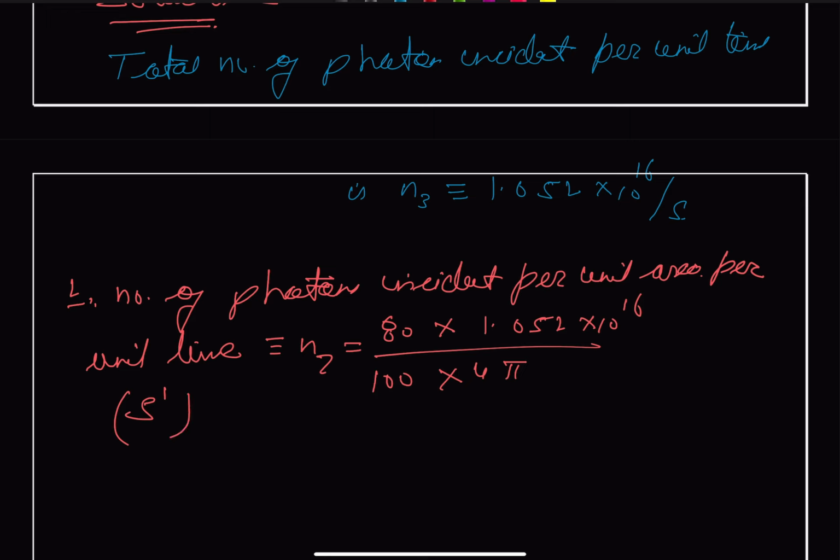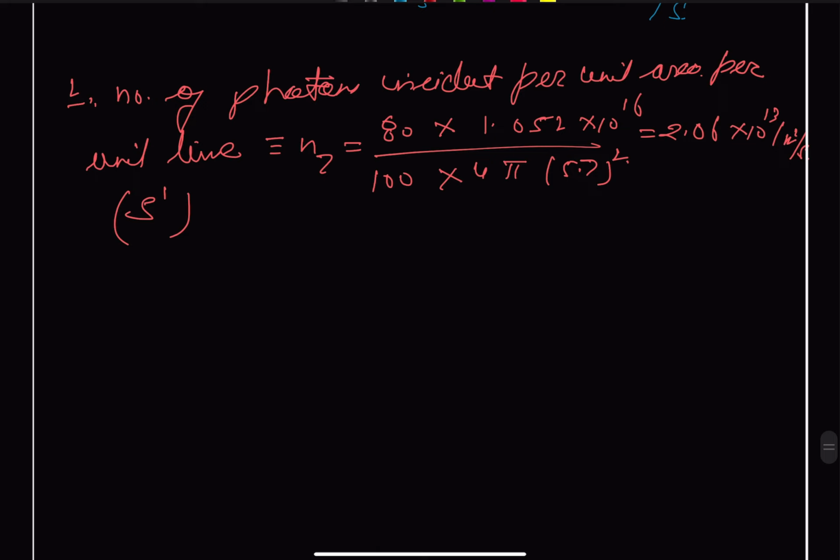So this comes as 5.7 whole square. This will give us 2.06 into 10 to the power 13 per meter square per second.